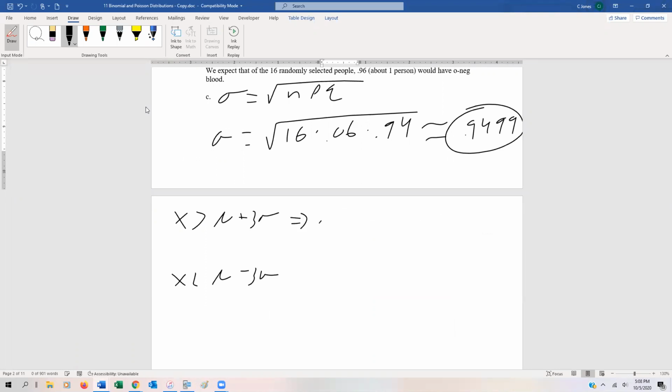We just found mu to be 0.96, plus 3 times 0.9499. And then this would be 0.96 minus 3 times 0.9499. Remember, this was the definition that we gave of an outlier earlier in the course. So we still have to remember that those exist.